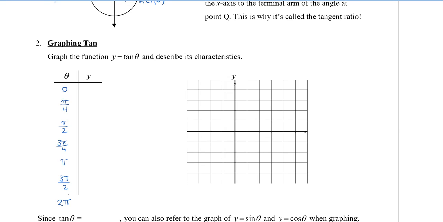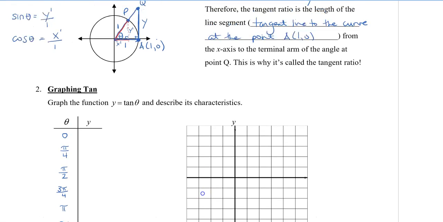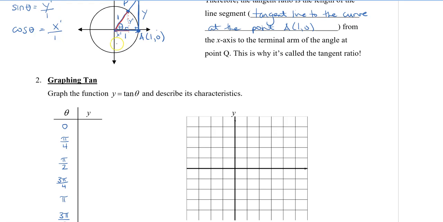All right, so when the angle is 0, remember that tan theta is y divided by x. So when I look at this, I have that tan theta, because the angle is 0, this will have a height of 0 as well.